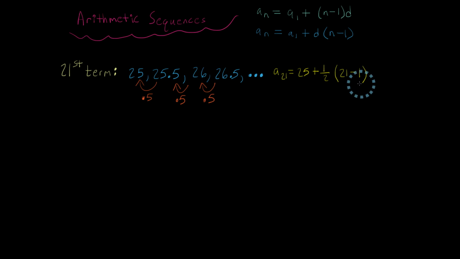Close off the parentheses here, and now let's move forward. So a sub 21 is equal to 25 plus half of, well, 21 minus 1 will give a value of 20 here.